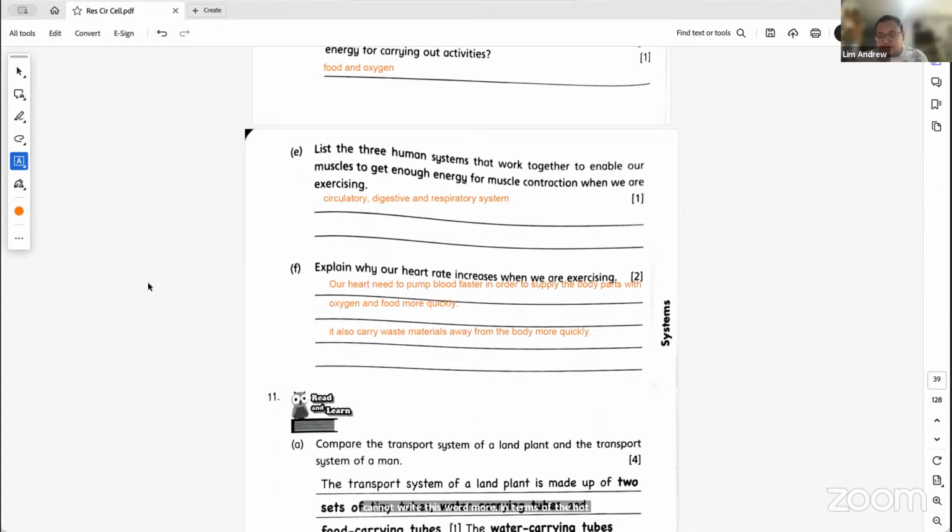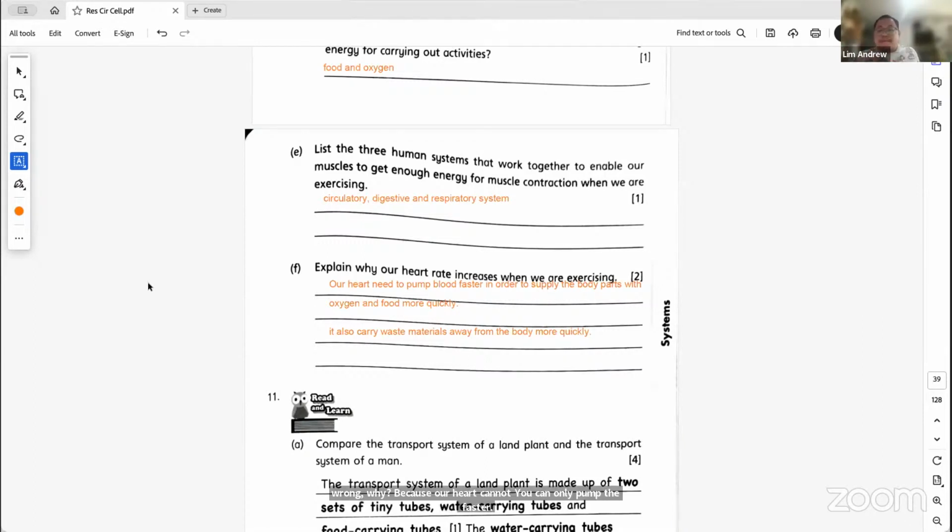One mistake that one student did in my examination is that he wrote, "Our heart needs to pump more oxygen to the body." This is wrong. Why? Because our heart cannot pump more oxygen. It can only pump faster.